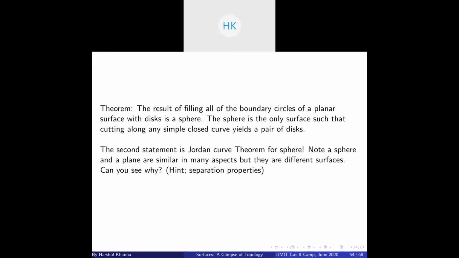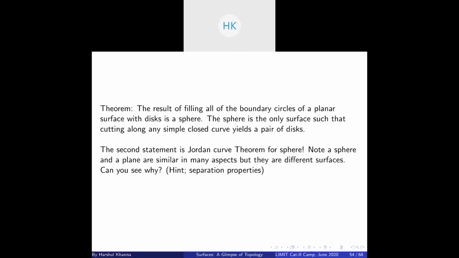The second statement is the Jordan curve theorem for the sphere, which can be related to the Jordan curve theorem for the plane, because a sphere and a plane are very similar. Take a whole plane, add a point at infinity, and you will get a sphere, right? But a sphere and a plane are different surfaces. Not very, but they are different.